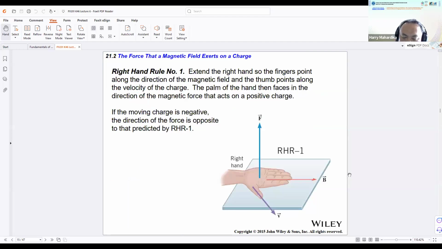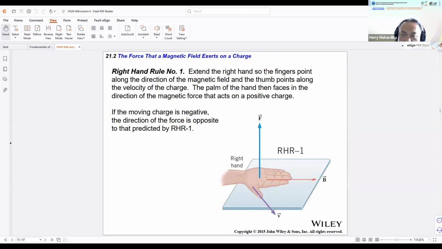Whenever we have V and B, there should be an F pointing up if we have this type of problem.